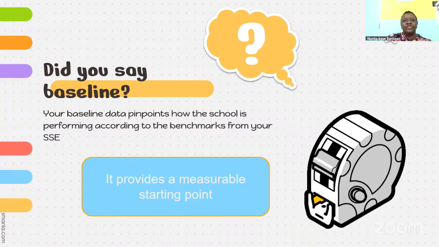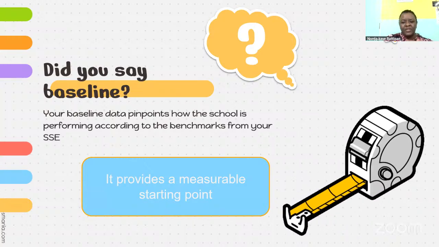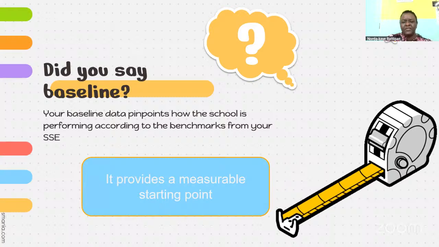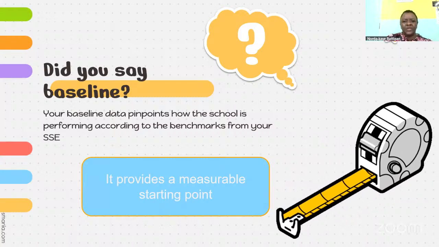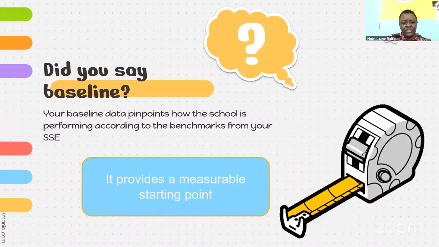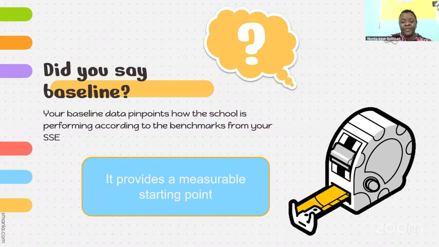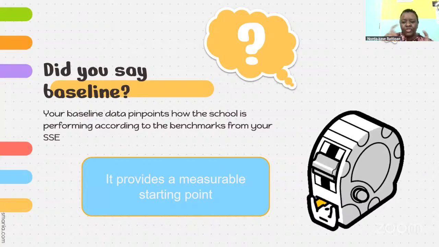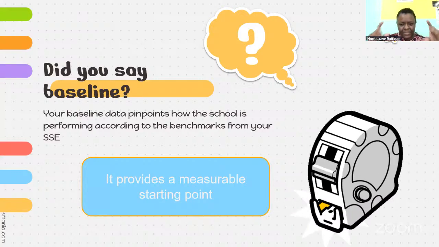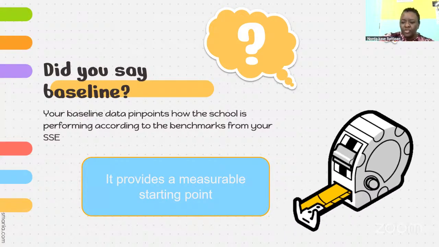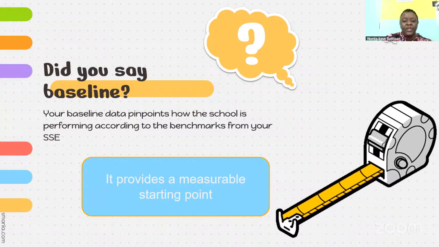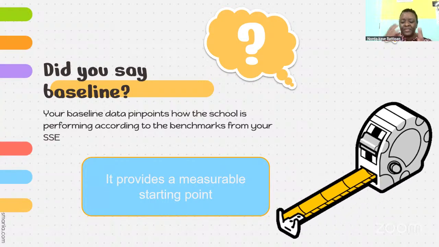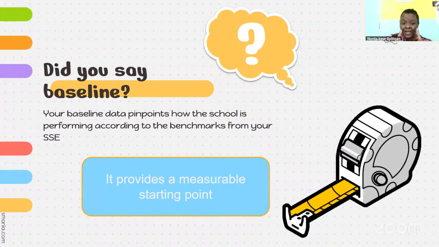So for instance, you looked at the performance of your cohort of students and you would have realized that 20% of your school population is reading below their grade level. This is a measurable starting point. This is what you're going to use to create a measurable target moving into the 3 years. So your baseline data presents you with a measurable starting point.